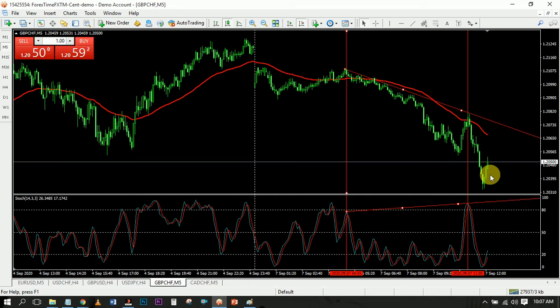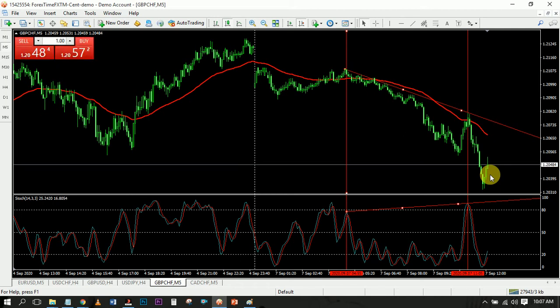So do not forget that it's necessary you trade alongside the trend, and also it's necessary that you follow the direction of your hidden divergence. That is, if the market is trending upwards, then you'll be looking out for bullish hidden divergence. Then if the market is trending downwards, then you'll be looking for bearish hidden divergence.